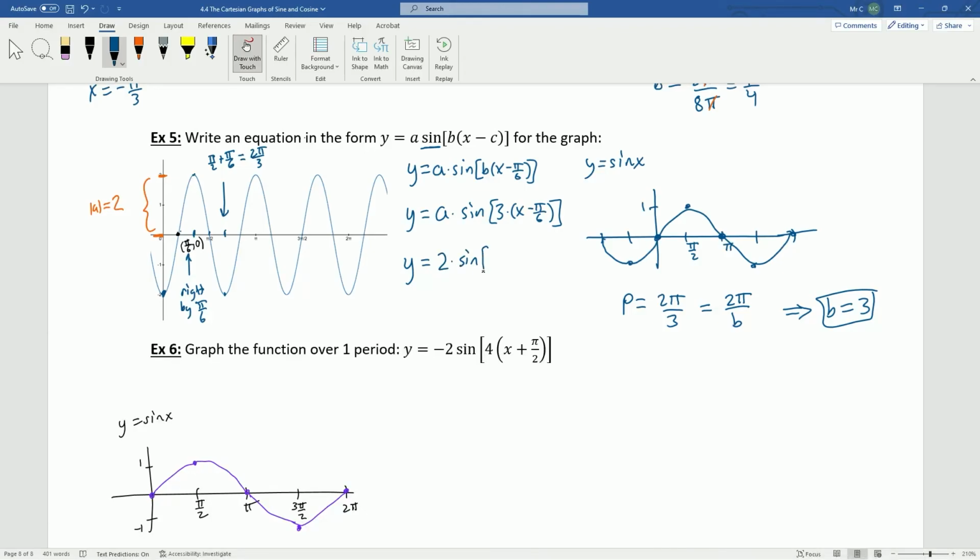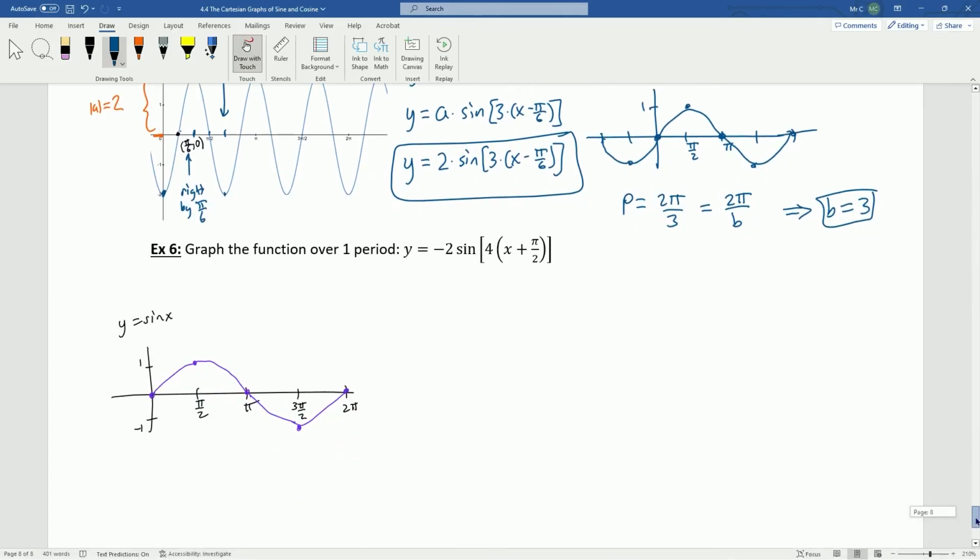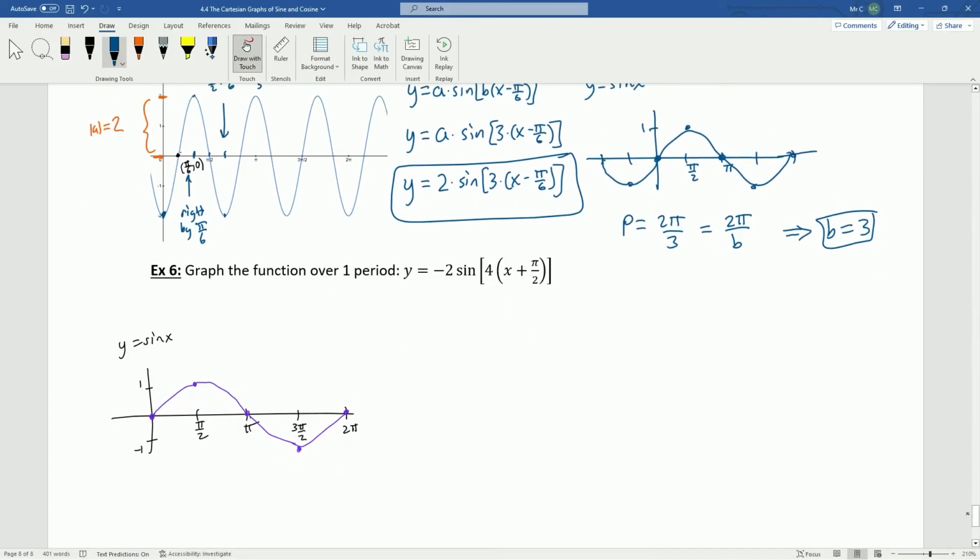That's just because the graph was shifted over and wasn't flipped, right? When I look at this graph, if I shift over, I'm going up. So I didn't get a vertical flip over the x-axis, so a is going to be positive. Okay, so that's it for that one.